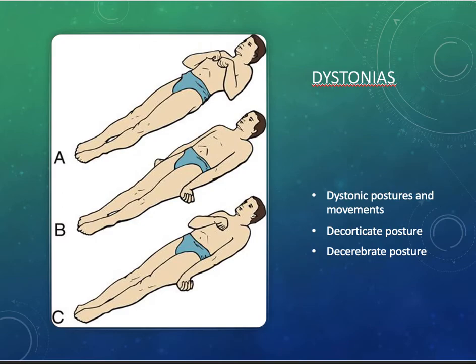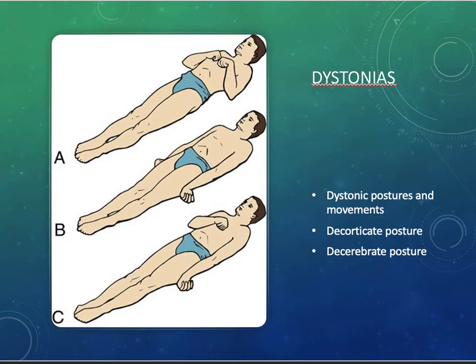Now here, when I'm talking about dystonias, here are the postures that I was talking about, okay? So decorticate and decerebrate, and I've got a couple of slides after this that have pictures as well on how you remember them, okay? So decerebrate is worse, and that's what's actually shown in B. It's indicative of severe brain damage.